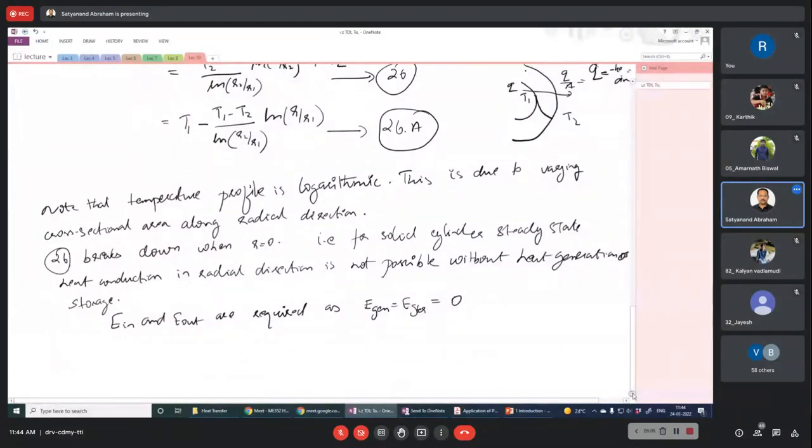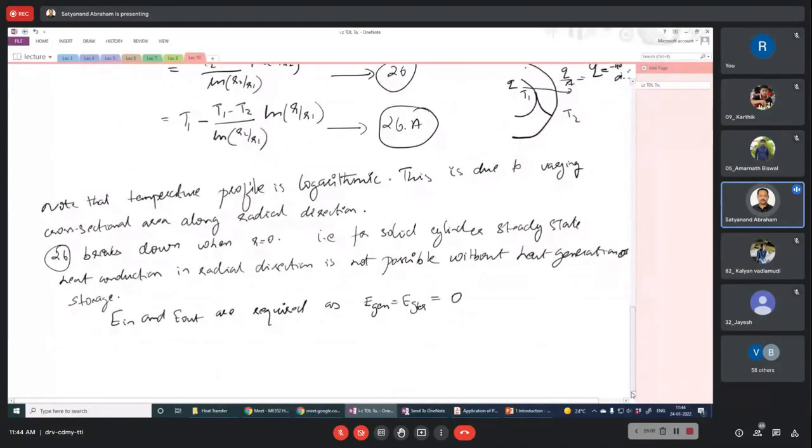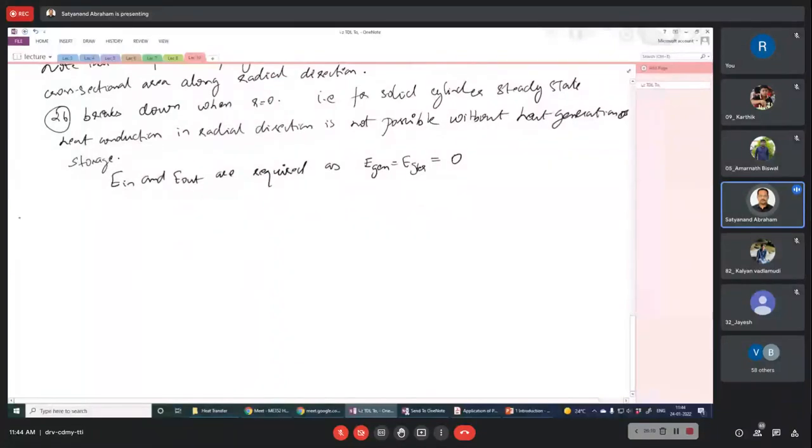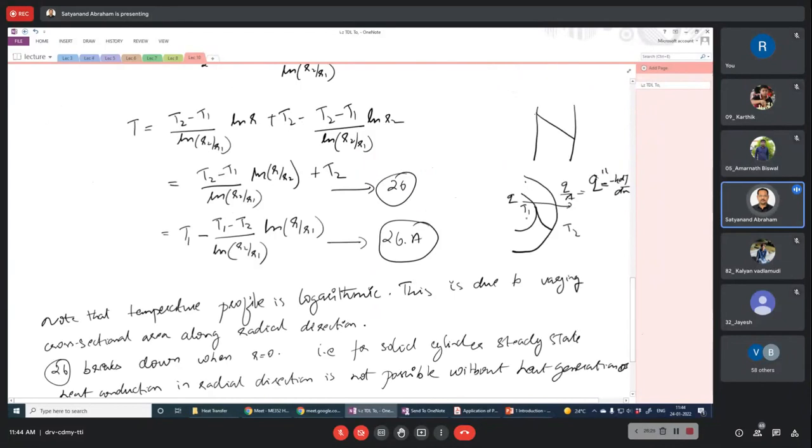Now we are going to see what is the heat transferred through this. Heat flux is a function of temperature and a function of radial distance. But the total heat should not be a function of radius, right? Whatever heat gets in should get out.